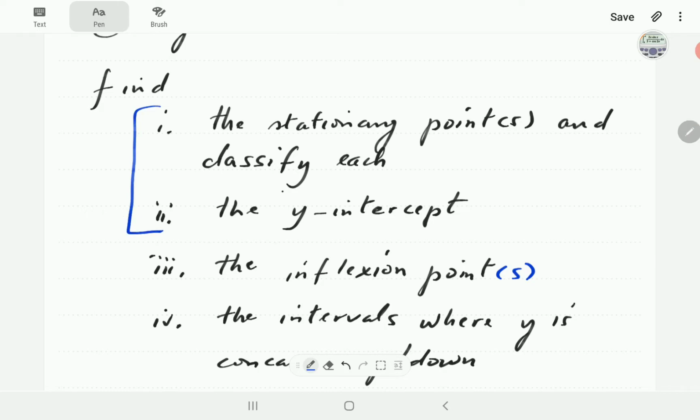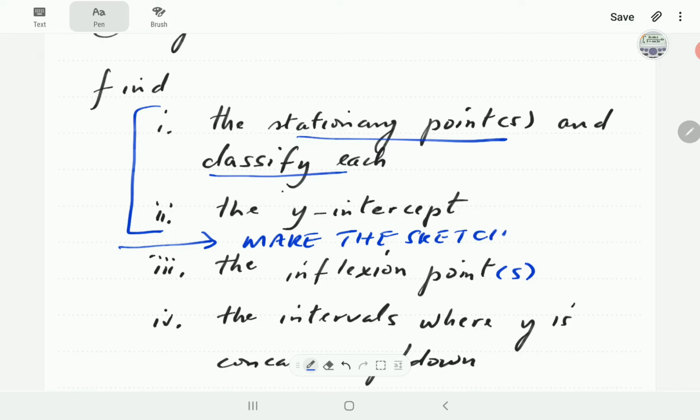We're going to make the point that in this analysis, after these two, at this point we can actually make the sketch. So once we have got the stationary points and we have classified them, then we can make the sketch with the additional use of the y-intercept.